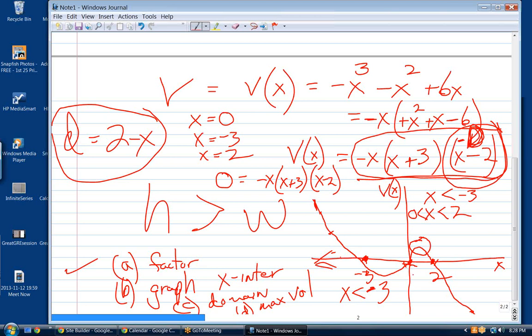I'm convinced that the maximum volume is in here, not over here. In other words, we need an x that is between 0 and 2. I would say that the maximum volume has to be the vertex of that quadratic right there.